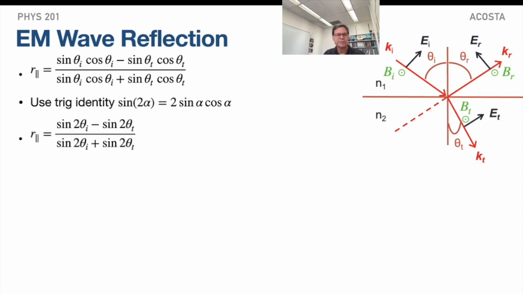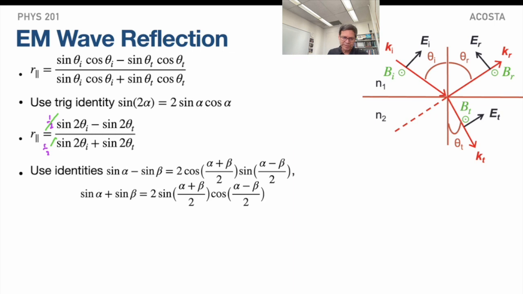So if I do that, this sine I cos theta I becomes 1/2 of sine of 2 theta I. There's a 1/2 out in front of each of these things, but that's going to cancel out when I take the ratio. So all I've done is replace these products of sine cosines with the double angle formula for sine.